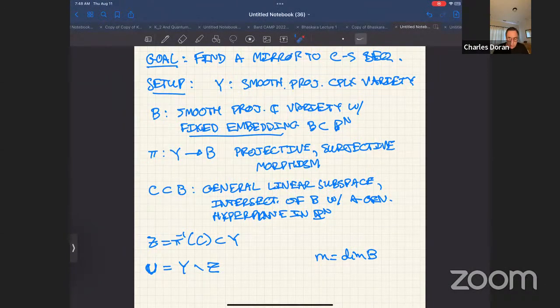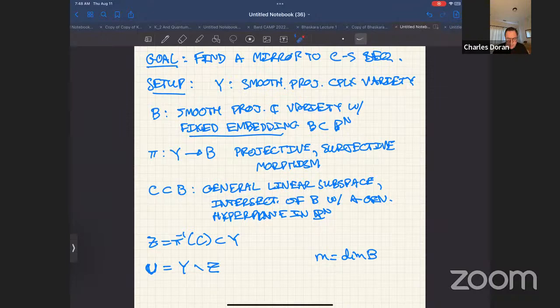All right, so let C in B be a general linear section, just an intersection of our base B with a general hyperplane in P^M, because remember, it's embedded there. Think of it like a very ample embedding. Okay, so now what is Z?